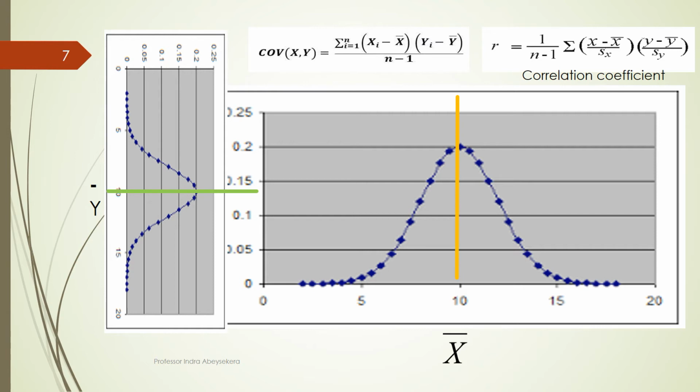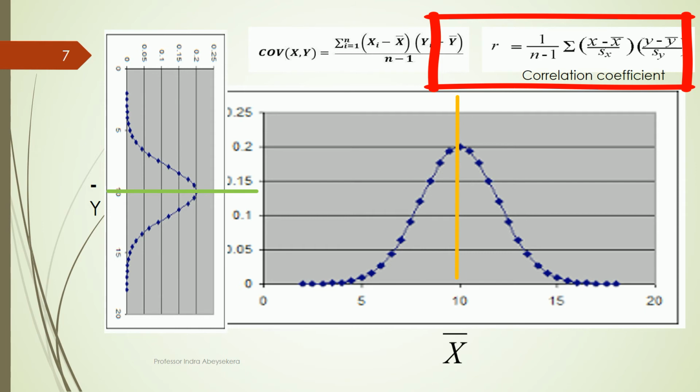To standardize it, to come up with the correlation coefficient, we take the total variance for the x variable, but we standardize it by dividing by the standard deviation of the x variable. And we take the total distance or the deviation of the y variable, and we standardize it by dividing by the standard deviation of the y variable.